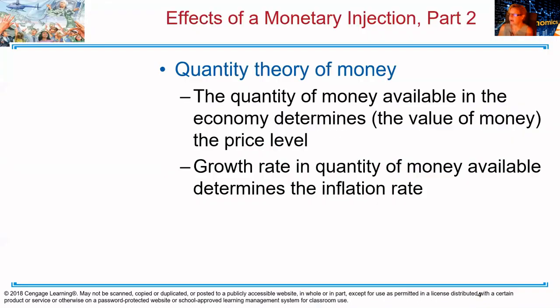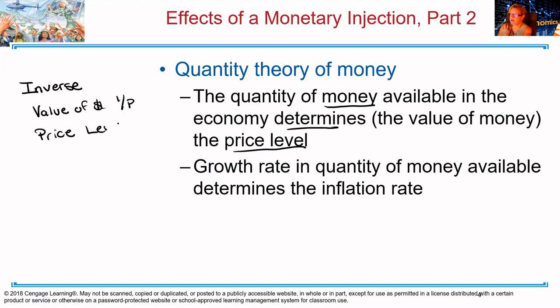Oops, sorry. So the quantity theory of money says that the amount of money in the money supply determines prices because they're directly linked. Remember that inverse relationship between the value of money and the price level, which is also, again, as we've talked about, the CPI.